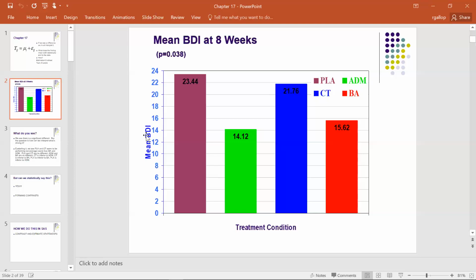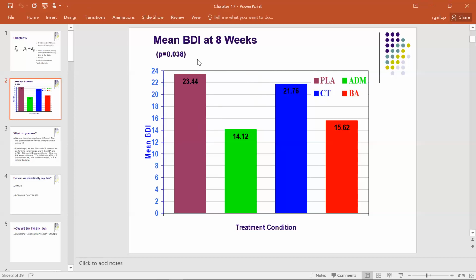Now, looking at 8 weeks, which ended up being the treatment period, including the placebo group, this is the overall p-value for the overall ANOVA. Based on the available data, we have sufficient evidence to indicate that on average, the 4 groups are not the same at week 8, with at least one of them separating from the others.